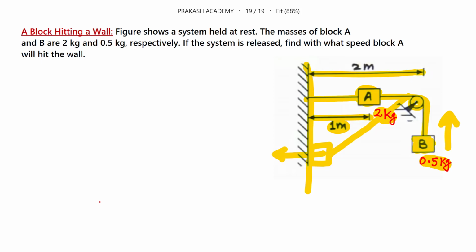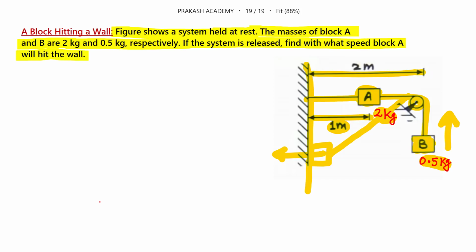So let us read this problem. This problem says, figure shows a system held at rest. Masses of block A and B are 2 and 0.5 kg respectively. If the system is released, find the speed of block A with which it will hit the wall.